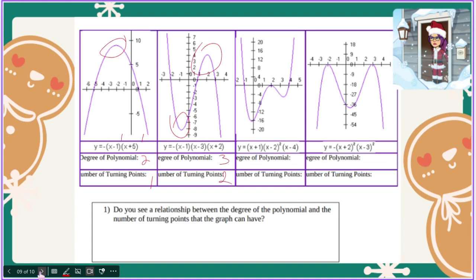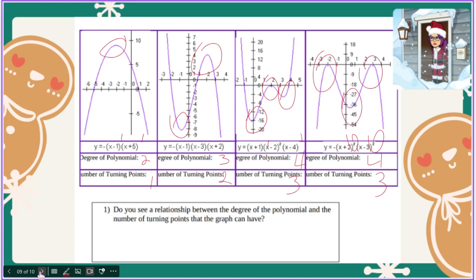Next one, we have 1, 2, and 1. So 1 plus 2 is 3, plus 1 is 4. And we only have 3 turning points. All right, next one, we have 2 plus 2, which will give us 4. And we only have 3 turning points.